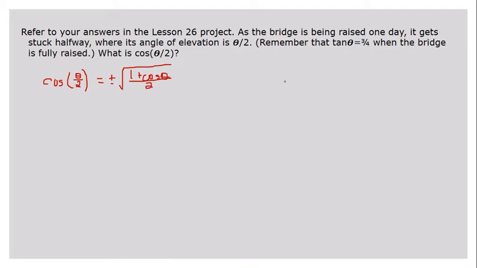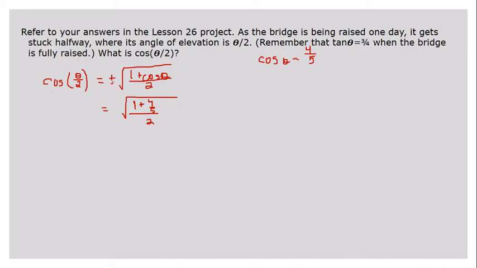And then from my Lesson 26 project video, I made my cosine of theta equal to 4 over 5. So I'm going to plug that in for cosine theta. So I'm going to have 1 plus 4/5 divided by 2. Now I need to take into account the plus or minus in front of our square root.